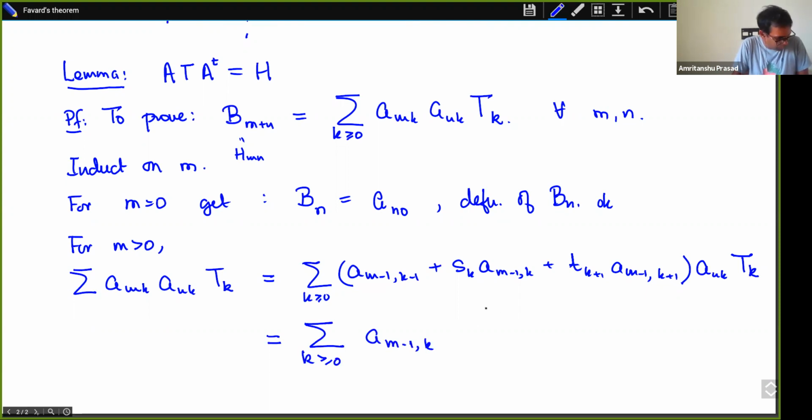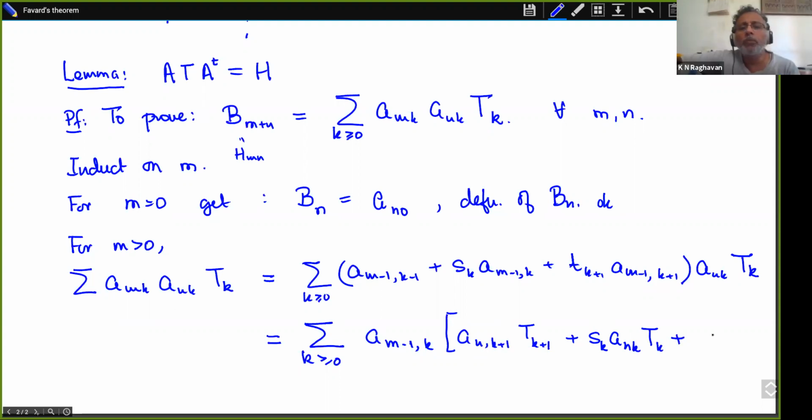So what is the coefficient of am minus 1 k? It is an k plus 1. But then we'll have a tk plus 1 plus sk ank tk. I'm taking the contribution of each of these. So now we can think of this as 3 sums.